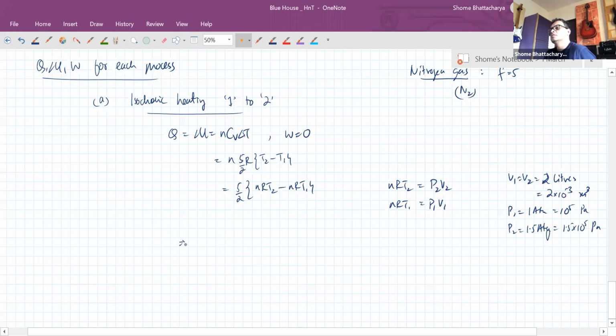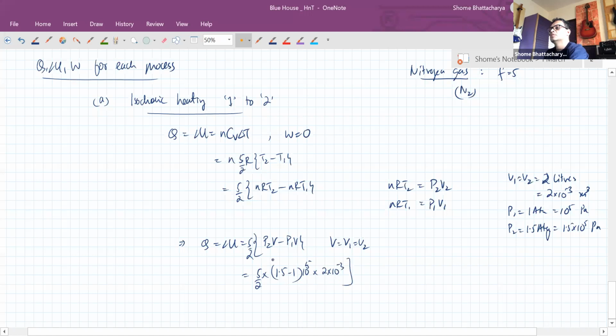So this quantity Q equal to delta U will be equal to 5 by 2 into 1.5 minus 1 into 10 raised power 5 into the common value of volume, which is 2 liters.